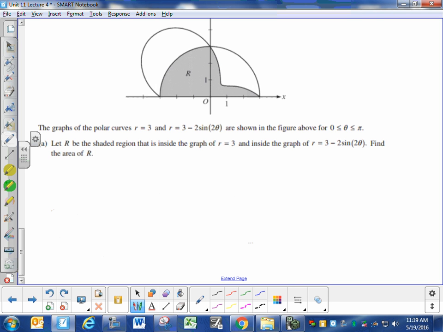Compare your answers to neighbors. Get your pencil out. Use your hand to help you figure out what radius is being used.